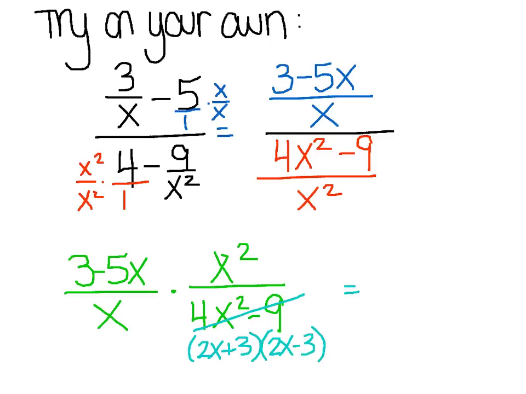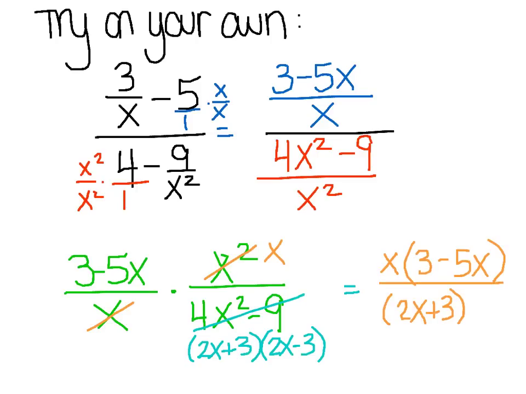And that's going to give us, first, simplify, so x squared becomes x, and that x is canceled out. 3 minus 5x has nothing, so x times 3 minus 5x over 2x plus 3 times 2x minus 3.